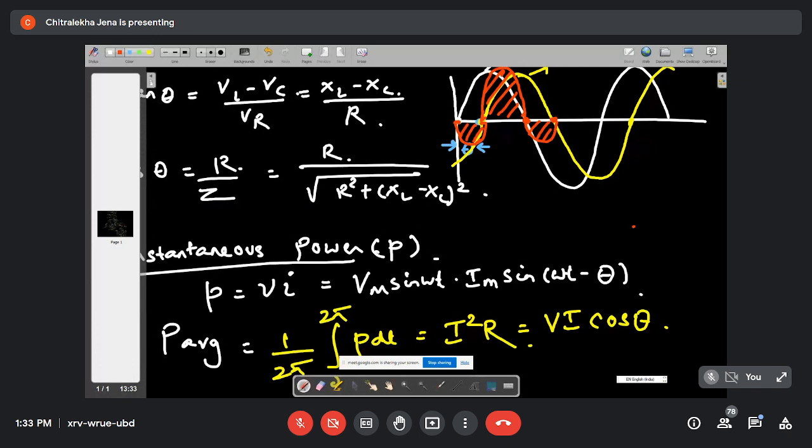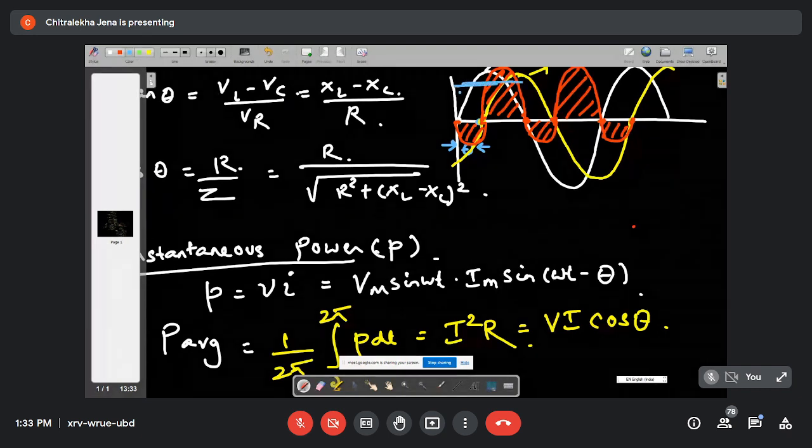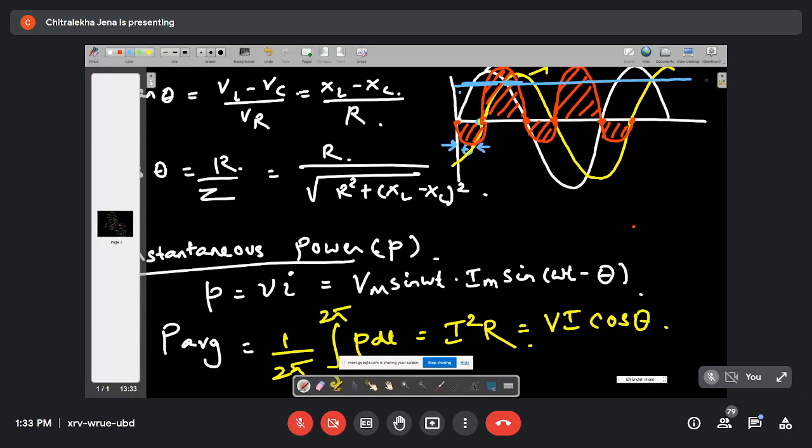And from this point to this point, power will be positive. Again, from this point to this point, power will be negative. So now, if I find the average power, what will be the average power? This is equal to I square R. That is your P average.